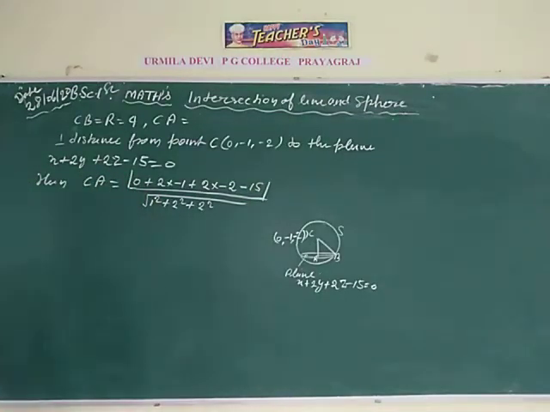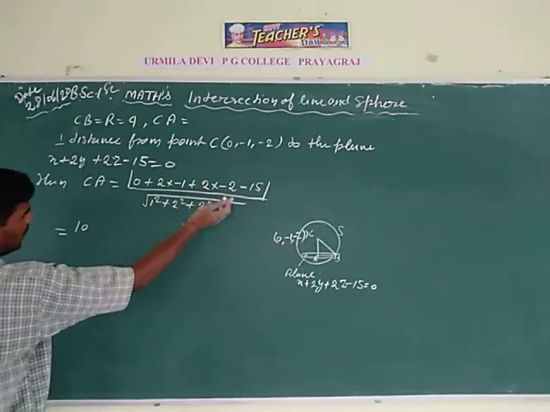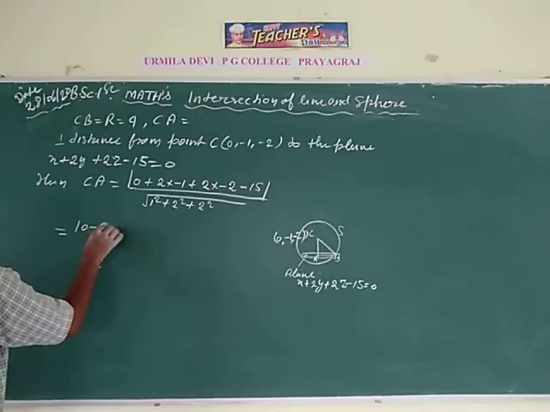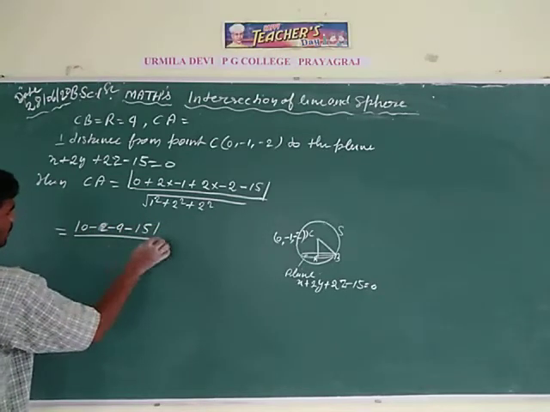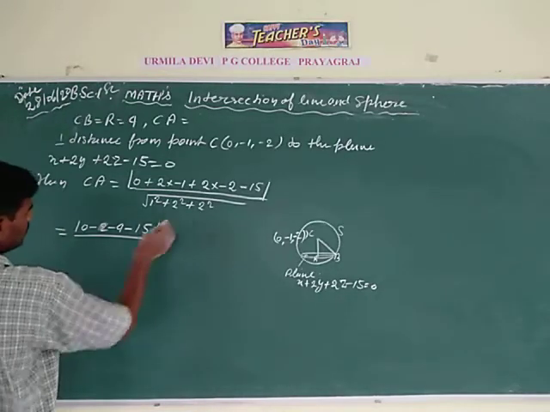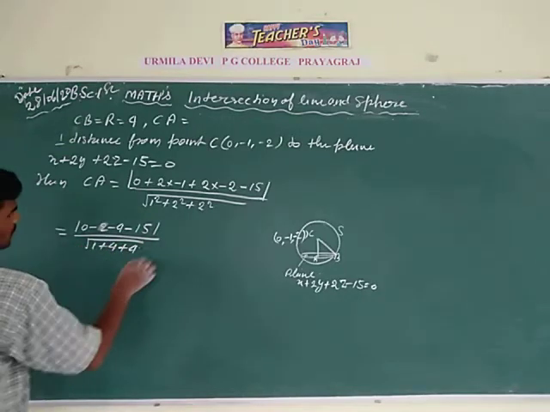So after simplification, you can calculate the perpendicular distance CA: minus 2, minus 4, minus 15 is minus 21, divided by the square root of 1 plus 4 plus 4, which is 3.